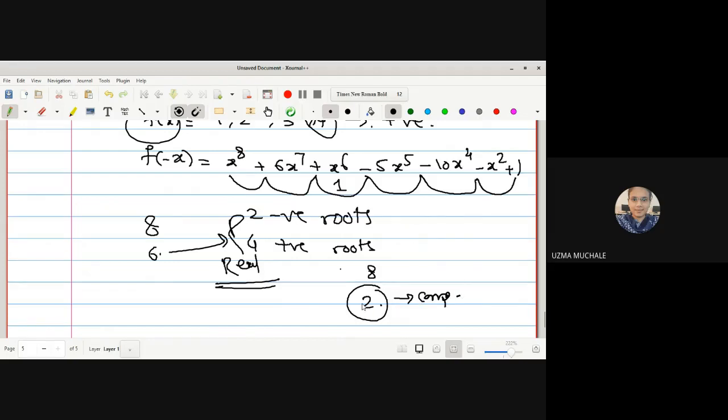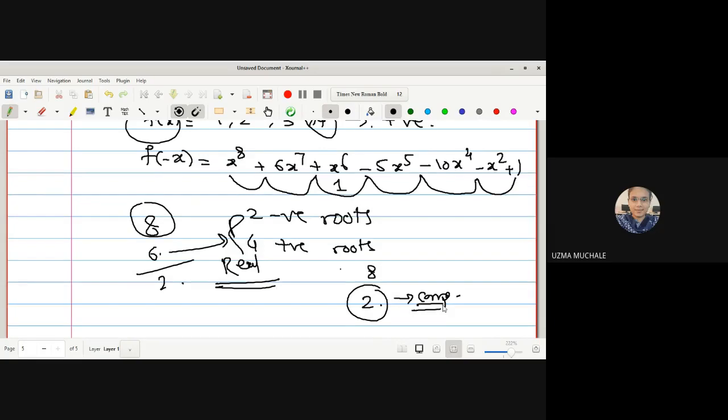Maybe complex roots, because already we are saying that 4 are positive real, 2 are negative. The remaining, whatever we get out of the degree, maximum whatever the degree of our equation, that number of roots we can get. So we can say the remaining roots are the complex numbers.